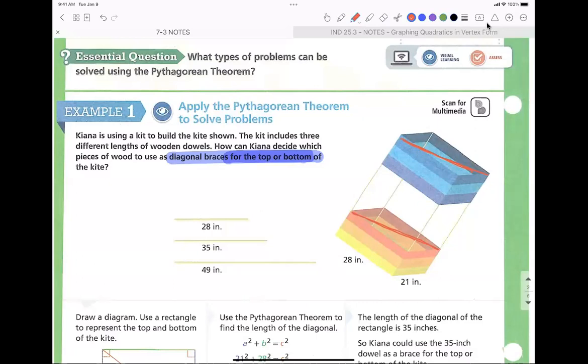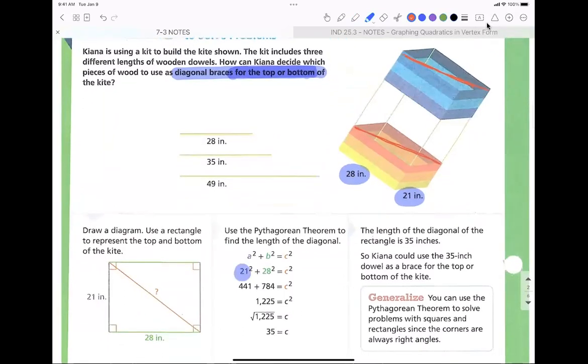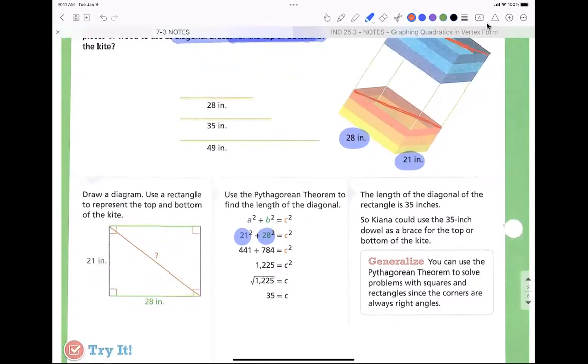Well, since it's just a 2D problem, we can use a very simple Pythagorean theorem. And we know that we have, right, leg. And so the legs go on the left. We don't know the diagonal piece of wood that we need, but we know it needs to go that diagonal. It needs to be the hypotenuse. And so when we solve it, we get 35. And it's 35 what?